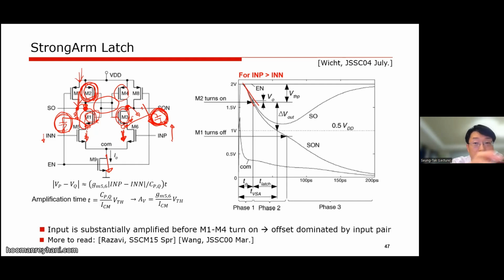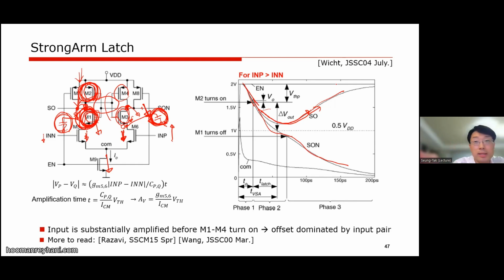So because of this one, the output voltage actually increases eventually. And as this voltage reduces, this one turns off, so this one's current reduces and this one's current increases. So eventually this one goes there, and this one works oppositely. So when the PMOS turns on, we have the latch, because the inverter turns on. So it works like this.